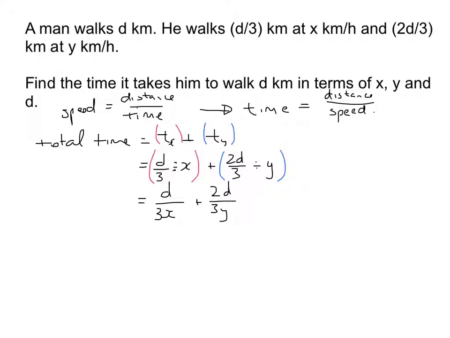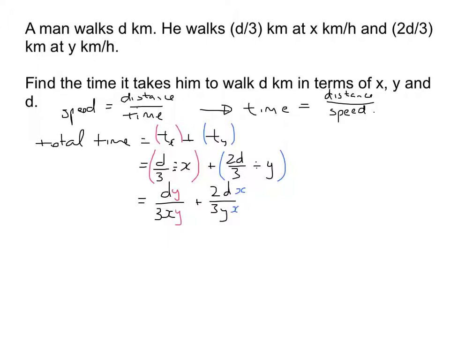Now we probably need to see if we can bring that expression for total time into a single fraction. I notice that 3 is common to the denominators of both terms, so what do I need to do to make a common denominator? For the first part, I multiply the top and the bottom by y, and for the second part, I multiply the top and the bottom by x.